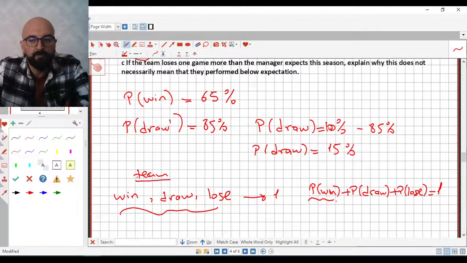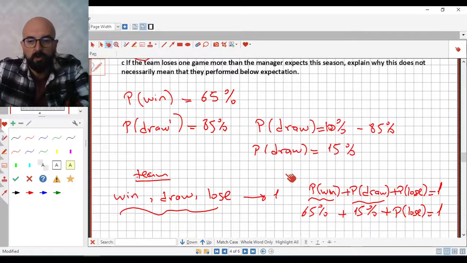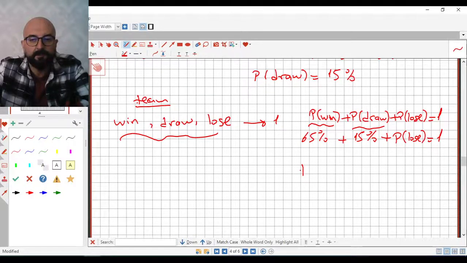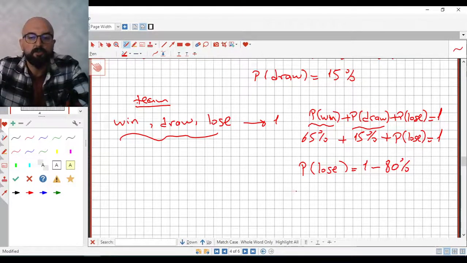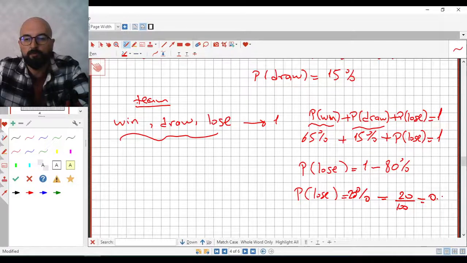The probability of win is 65%, the probability of draw is 15%, plus the probability of lose equals 1. So the probability of lose means 1 minus 80%, which is 20%, or 20 over 100, or 0.2.